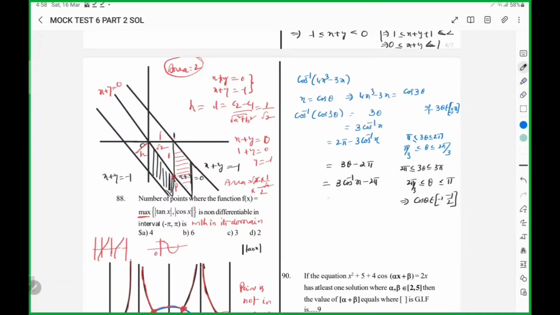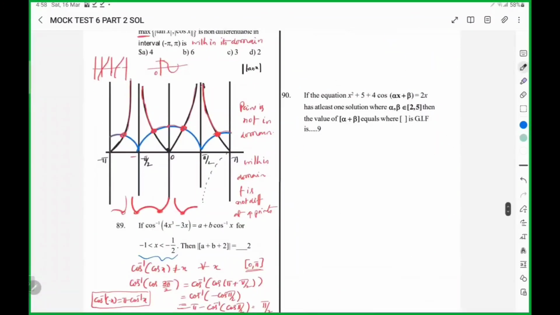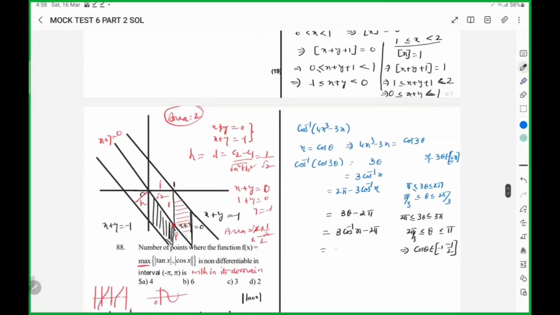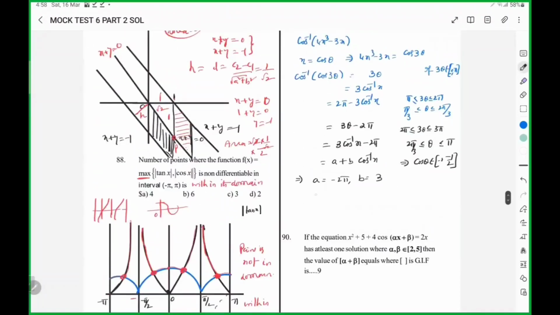So now it is nothing but what he has given, a plus b cos inverse x. Here a is minus 2 pi, b is 3. Then he is asking minus 2 pi plus 3 plus 2.